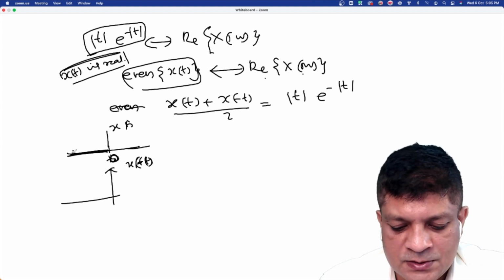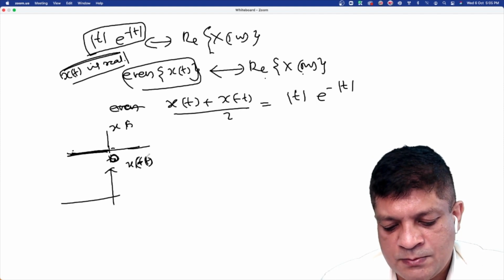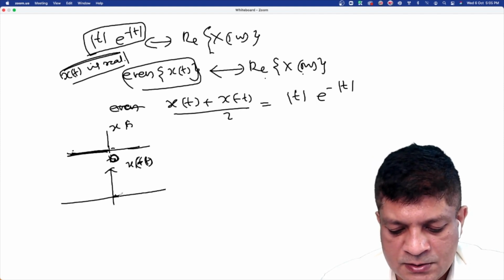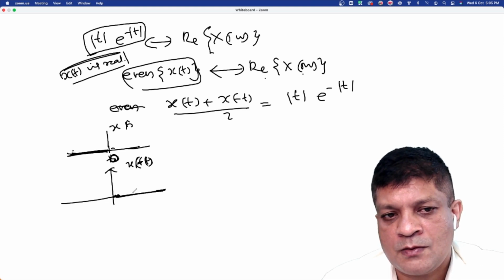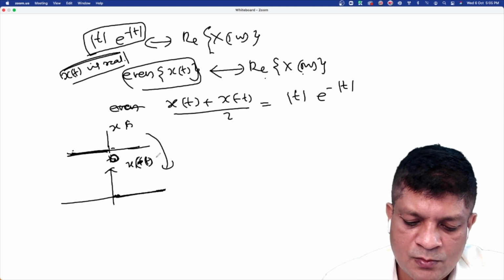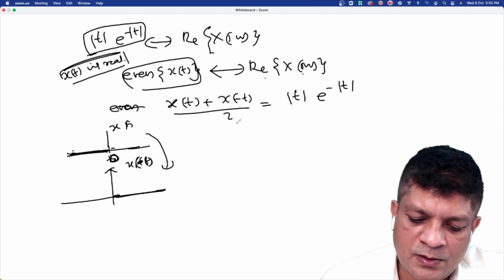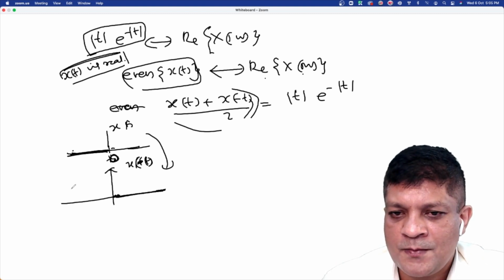If xt is 0 for t less than 0, can we say that x of minus t is 0 for t greater than 0? Yes, sir. Now, when you add these two and divide by 2, you will get this, isn't it?